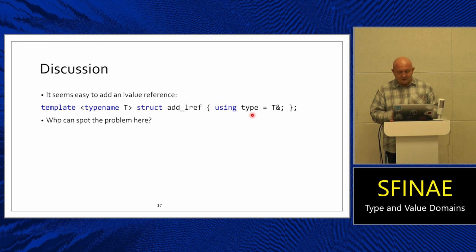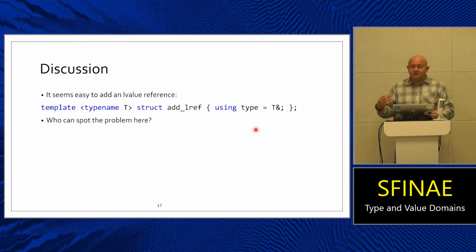It's perfectly okay. The real problem is with void and its CV-qualified versions, void&, const void&, and so on. Those aren't valid types. If T is void, this fails miserably. So this version looks fine, but what do we need?